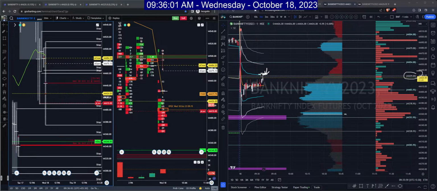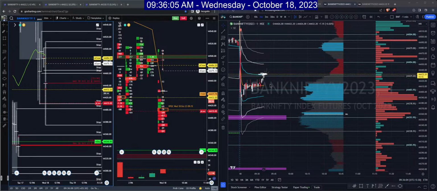So this is where you could have taken a short trade and then exited. This is just a quick scalp, but I'm looking for supply at this particular level. Let's see. If it breaks this level, I'm looking at the tempo, how clean it is to clear this particular auction.